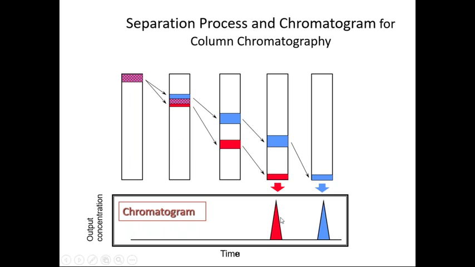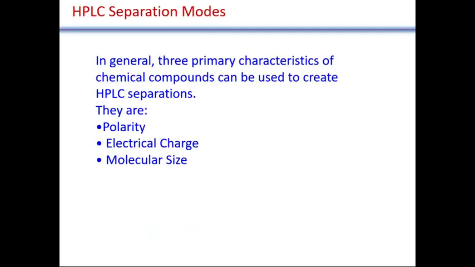And when they elute, they are detected in the detector and converted into a signal which you can see as triangular peaks, or what we say as Gaussian peaks. So you get a red peak, you get a blue peak, so that you see the separation. So basically, this is what happens in a column chromatographic process.